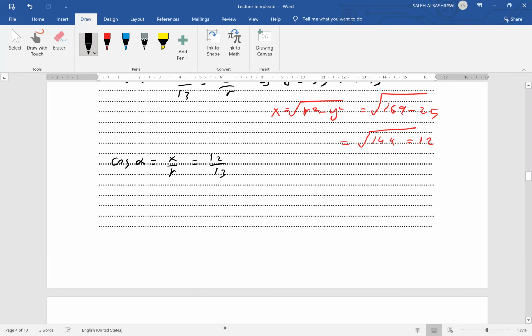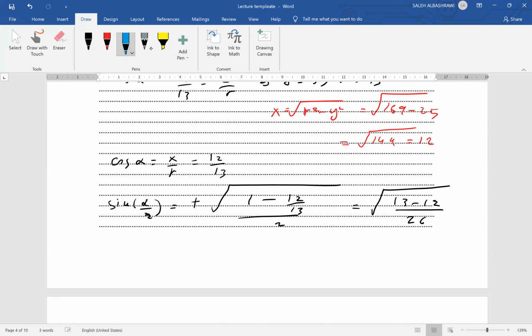So sine alpha over 2 is equal to plus square root of (1 minus cosine alpha, 12 over 13) divided by 2, is equal to square root of (13 minus 12) over 26. Multiply this by 13 on the top and by 2 down.